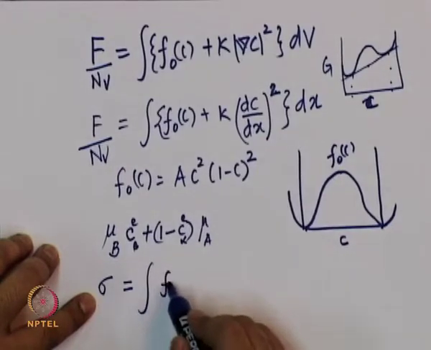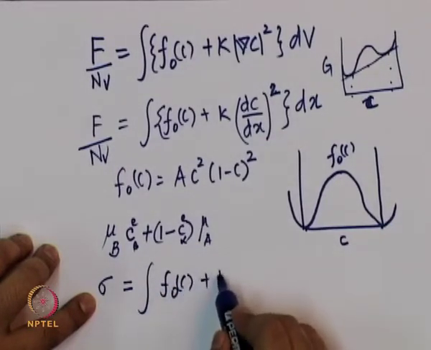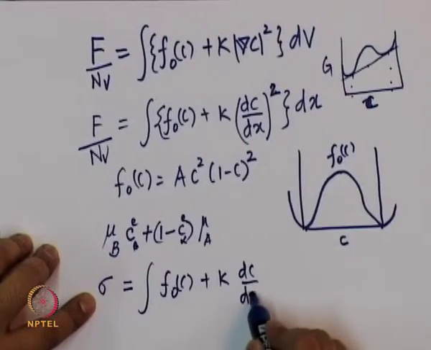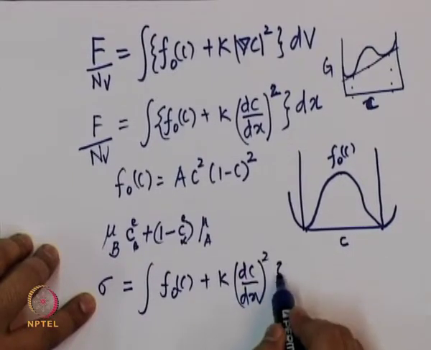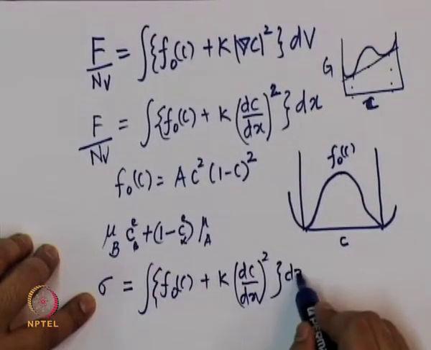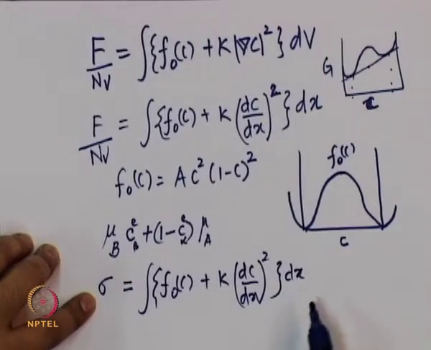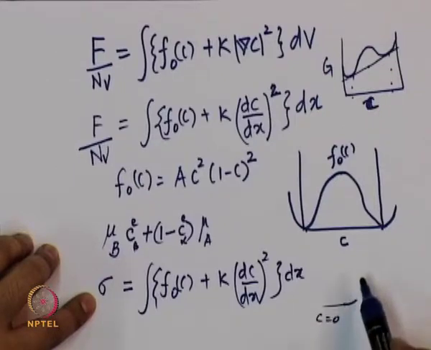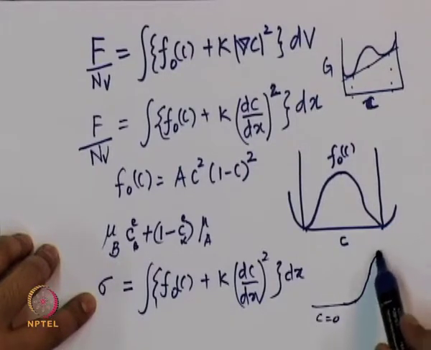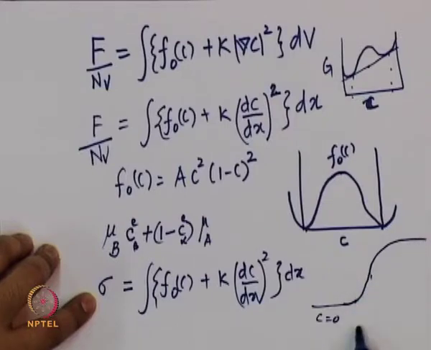So, we have the integral of f0 of c plus kappa (dc/dx) whole square dx. I am assuming that I have a case where the composition becomes c equal to 0, and so as x goes, let us take 0 here, and so this is x equal to 0.